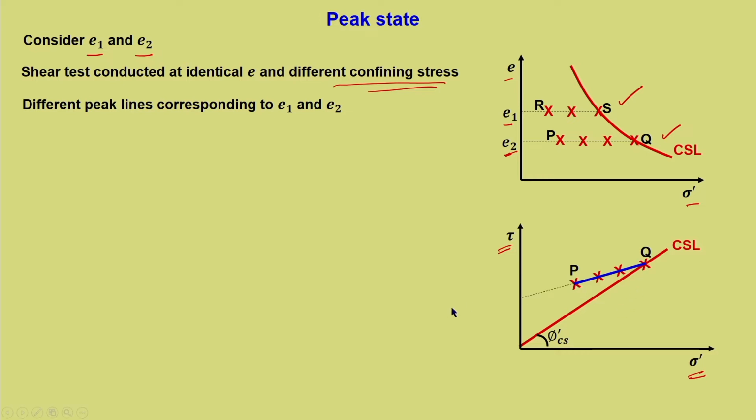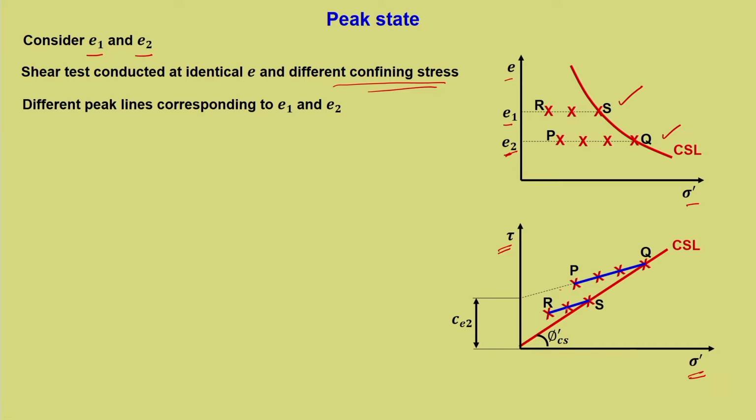Now, if we extend this, or rather if we fit a Mohr-Coulomb envelope, we end up with a cohesion value and the inclination will be the peak friction angle. Similarly for RS. Now, we can note that void ratio e1 is greater than e2.